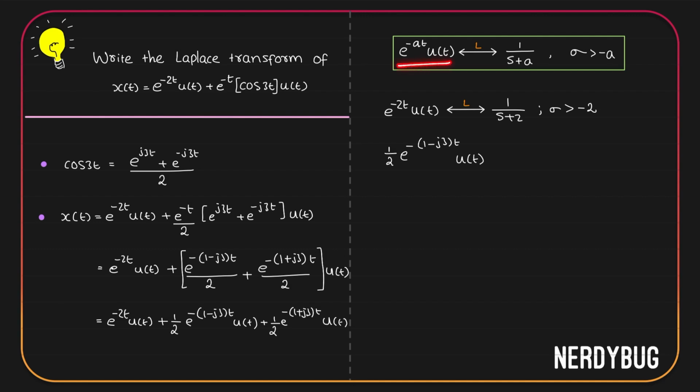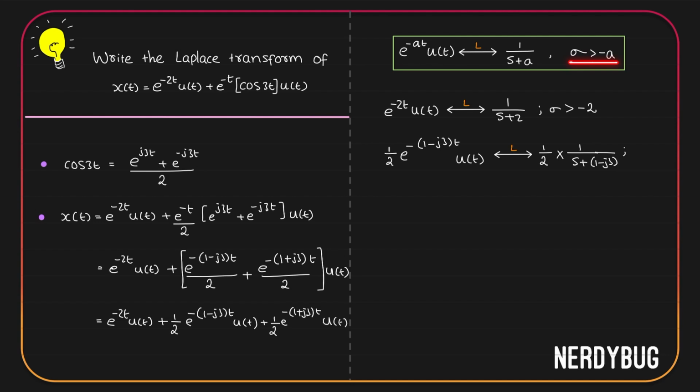If we compare with e raised to minus at u of t, we can see a here is 1 minus j3. Also, it is multiplied by 1 by 2. So its Laplace transform will be 1 by 2 multiplied by 1 by s plus 1 minus j3.